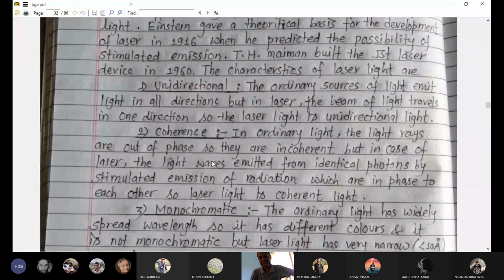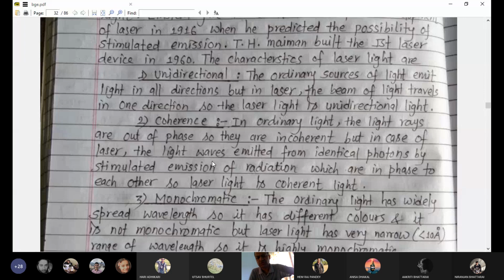And another property is coherence. In the case of ordinary light, the light rays are out of phase, so they are called incoherent. But in the case of laser, the light waves are emitted from identical photons by stimulated emission of radiation.